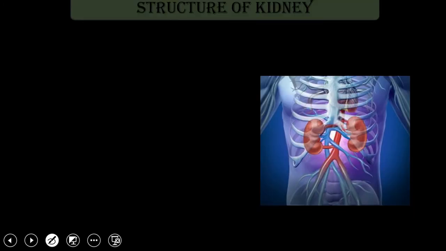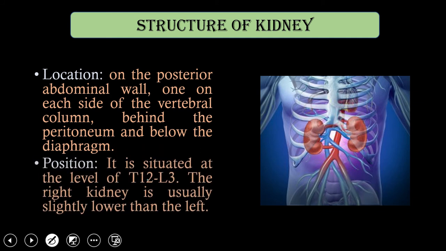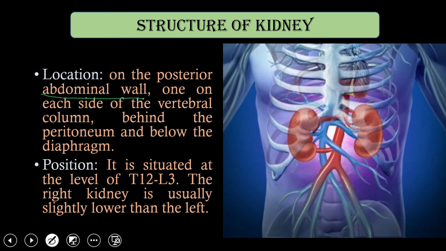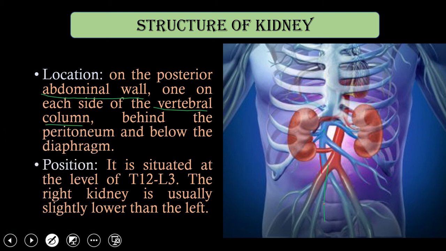Move to the next part regarding location and position. Where are the kidneys located in our body? They are located on the posterior abdominal wall, in the abdominal region, one on each side of the vertebral column. You see in the diagram, this one is the vertebral column and this one is the vertebral column.